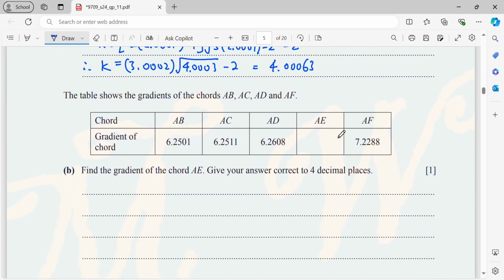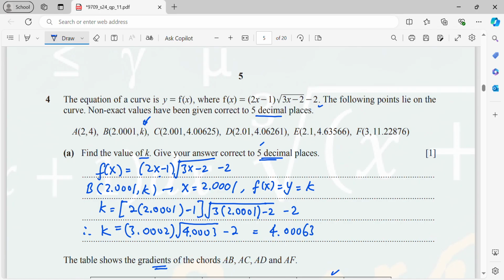Now part B, the table shows the gradients of the chords AB, AC, AD, and AF. Now, gradient of the chord. Now find the gradient of AE. Give your answer correct to 4 decimal places. So now, I will just find the gradient using the points A and E. So go back to the original question.